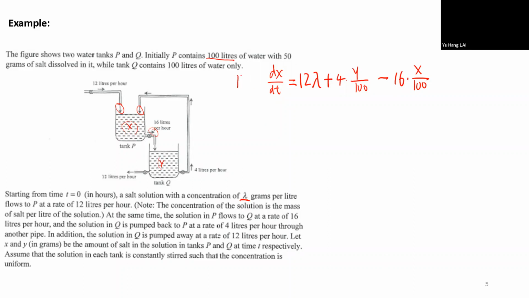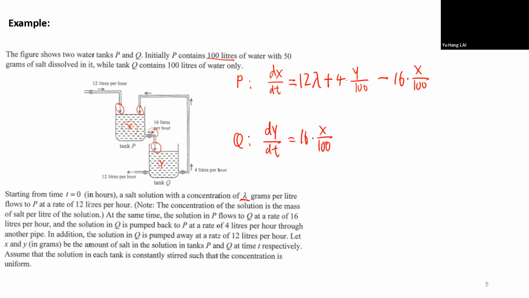Now for tank Q, the rate of change of salt is dy dt. Again, look at the input and output. This time we have one input, from tank X, so I have 16 times the concentration of salt, which is X divided by 100.